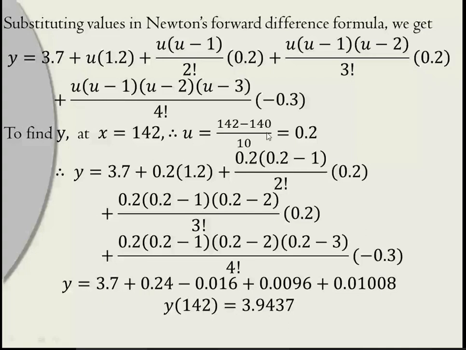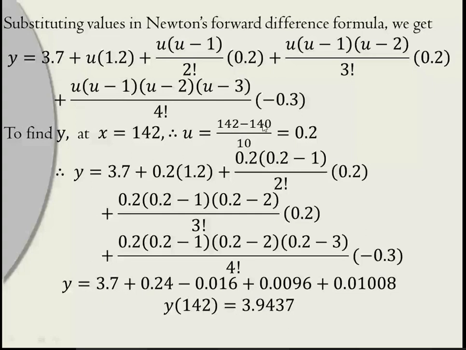H is the difference between any two successive values of x, that is fixed throughout. So we take x, the given value, minus x naught, the first value of x, divided by h, that gives us u, and substitute the values in this formula. Simple calculation gives us the answer.